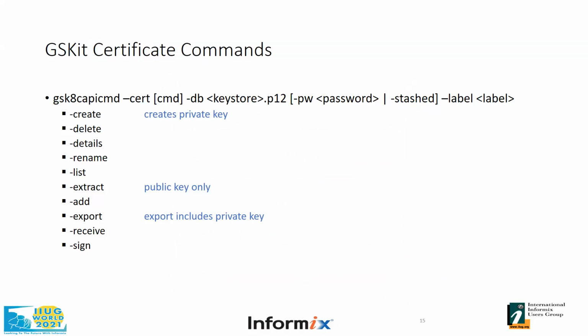Now, 15 or 20 years ago, there was the concept of a default certificate. That default certificate concept has been deprecated, and all certificates require a label. And in this case, the label matches a parameter in your onconfig file, the SSL keystore label, that is the label of the certificate that your server is trying to use.